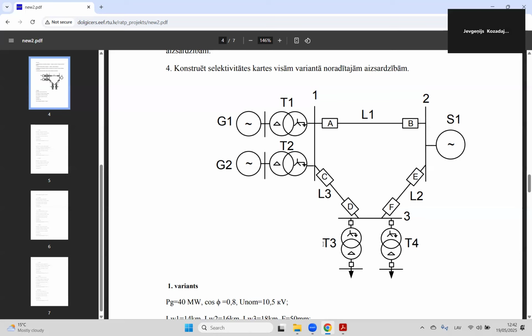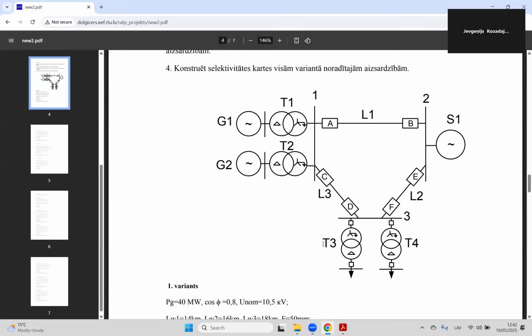Because we need to design protections so that all relays could detect the fault, but the operation sequence we make using time delay. The lowest time delay means that it operates first, and so on in this logic. But as I said, all this information is in your lectures.